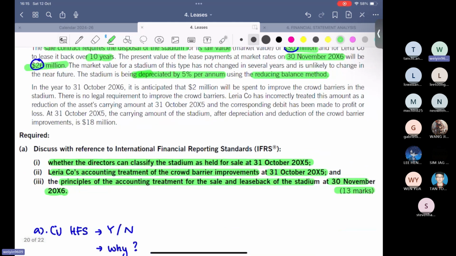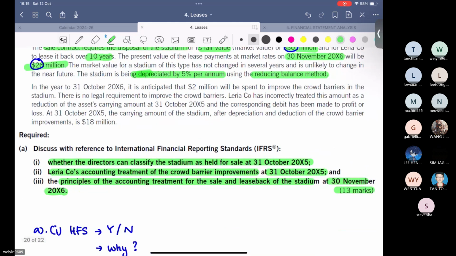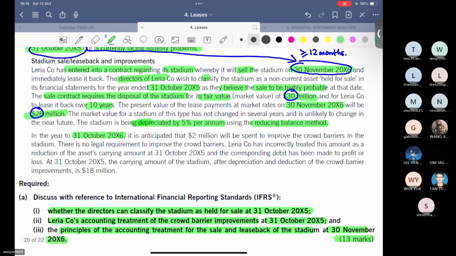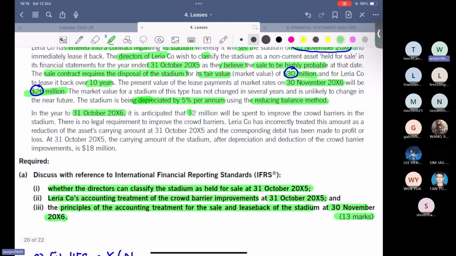So now we talk about the barrier. In the year to 31st October X6, okay, just now is X5, now it's 31st October X6, which is 1 year after. It's anticipated that 2 million will be spent to improve the crowd barriers in the stadium.